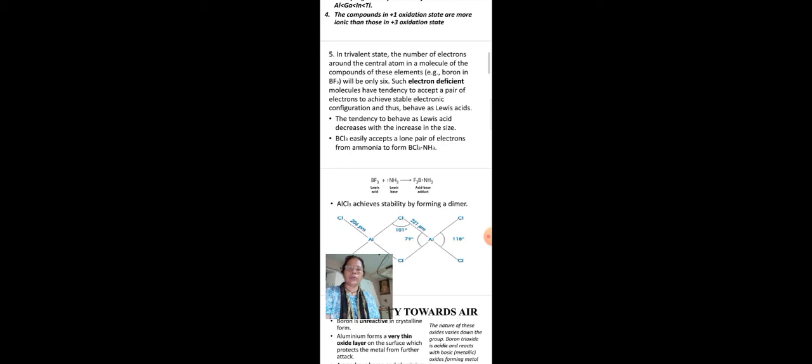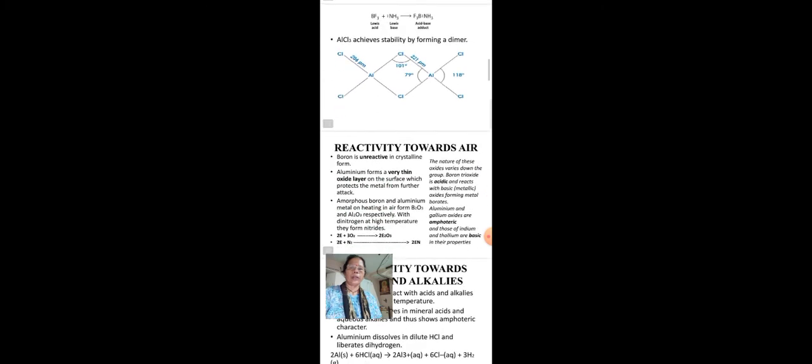Thus, down the group from boron to thallium, as the size increases, the tendency to behave as a Lewis acid decreases. BCl3, boron trichloride, easily accepts a lone pair of electrons from ammonia to form BCl3·NH3. BF3 is a Lewis acid and NH3 a Lewis base, giving the acid-base adduct F3B·NH3. AlCl3 achieves stability by forming a dimer, shown on the slide.